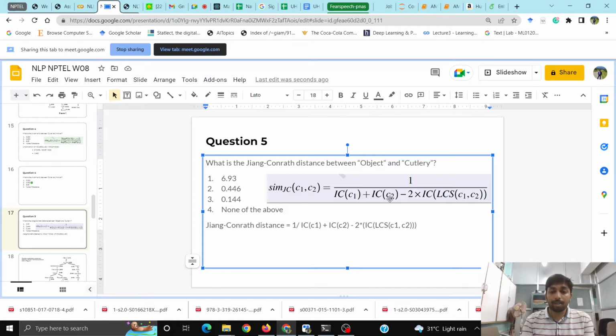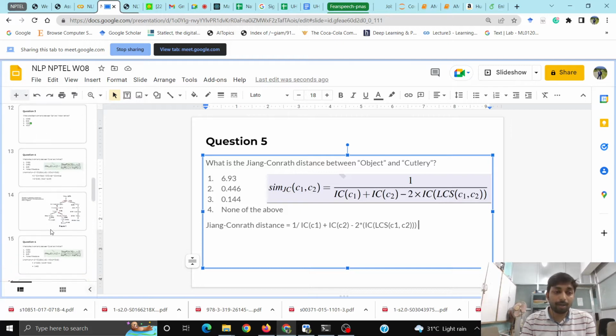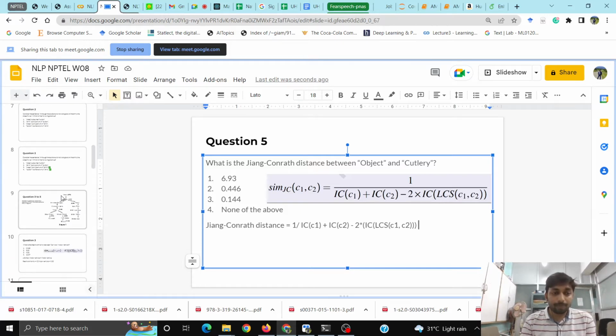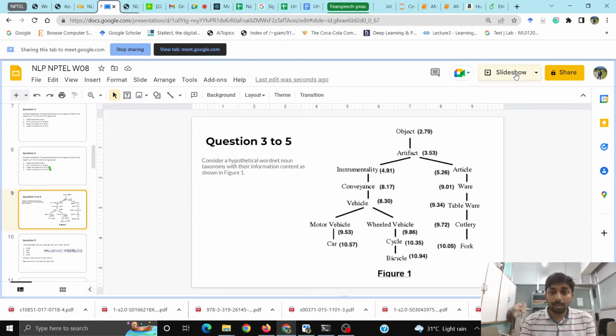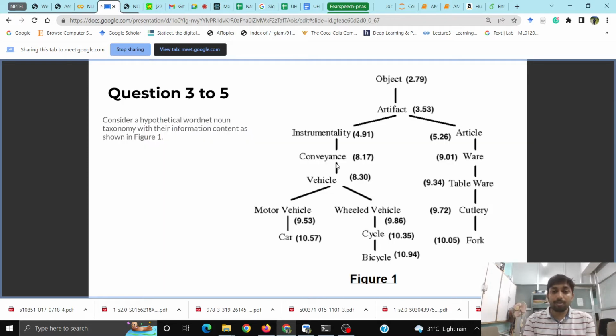So it's the same as here. First we have to find out the LCS between object and cutlery. Now I think you are well versed in how to find it. So what is the LCS of object and cutlery?